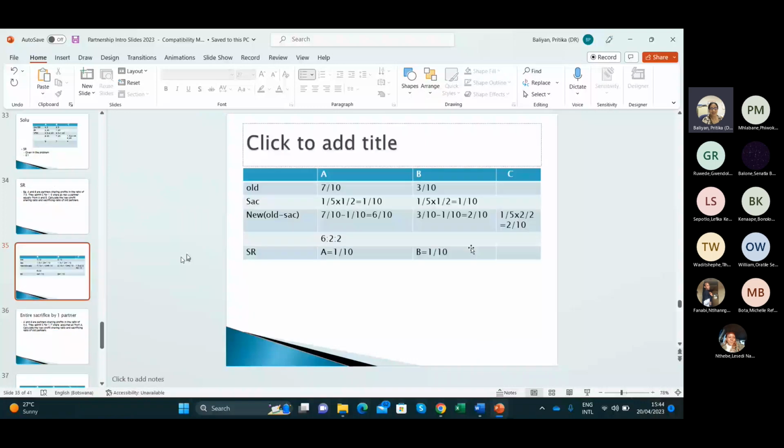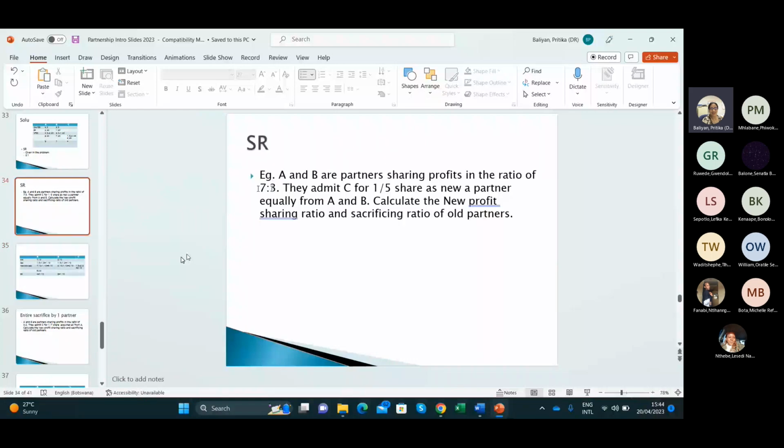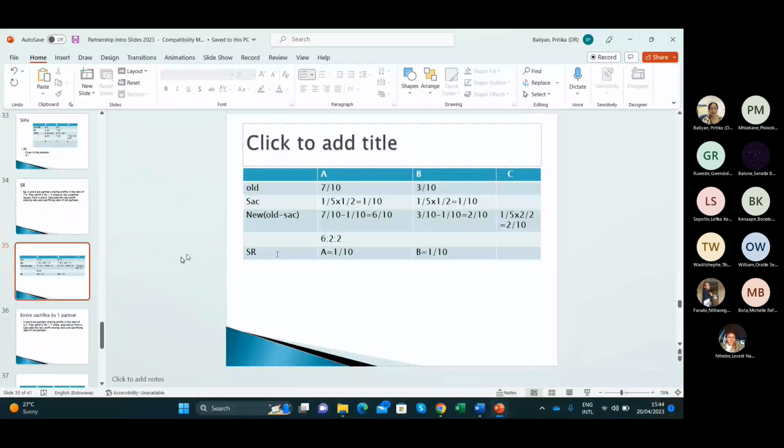A and B were previously sharing in 7:3. 7 plus 3 is 10, so the old ratio was 7/10 for A and 3/10 for B. Now, 1/5 is the portion of C, and for this 1/5 both partners sacrifice equally.